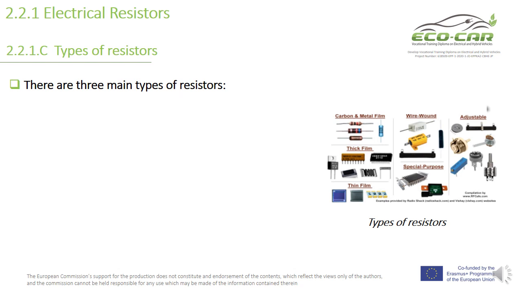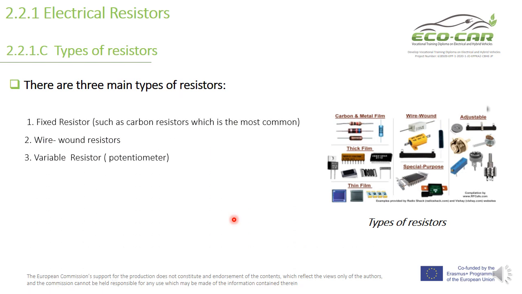Types of resistors. As you see here, there are many kinds of resistors. It's called carbon or metal film. This is a wire wound resistor, and this is an adjustable or variable resistor. There are three types of resistors.